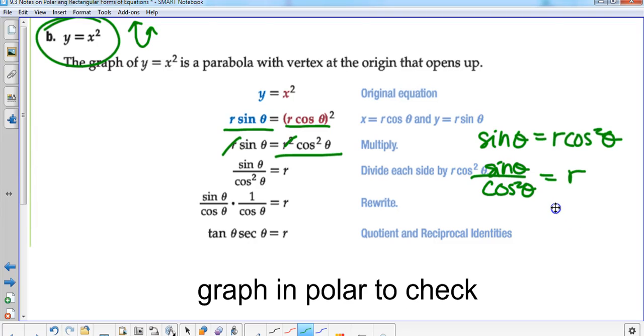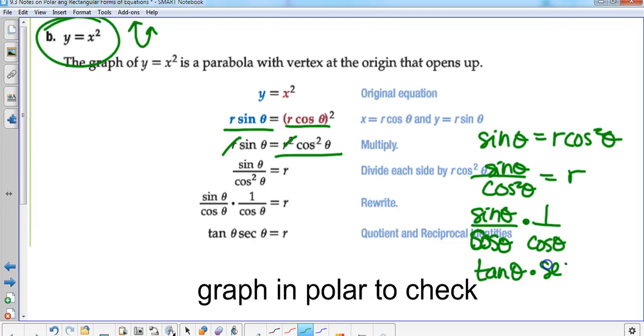Is that something I could type in my calculator? Yes, actually, I could. I'd like to make sure you're paying attention here because when it's a multiple choice question, it is not going to necessarily look how you want it to look. This is a sine over cosine, but there's another cosine on the bottom. Everybody okay with that? Sine over cosine is tangent, and 1 over cosine is secant.